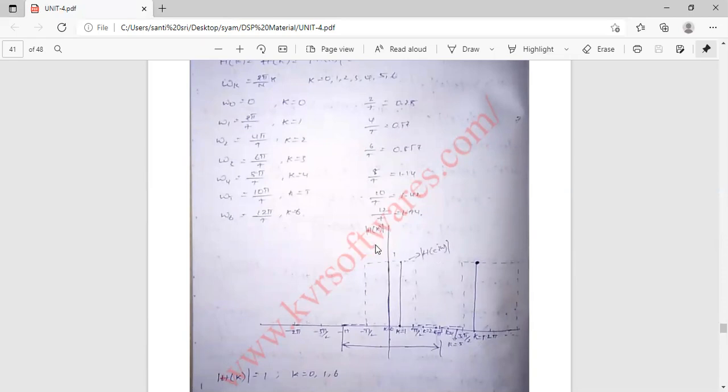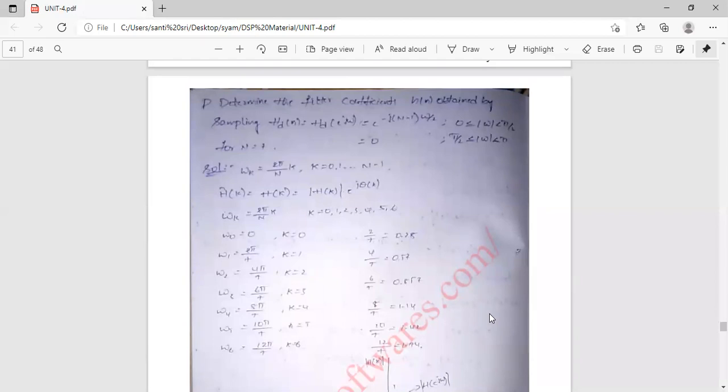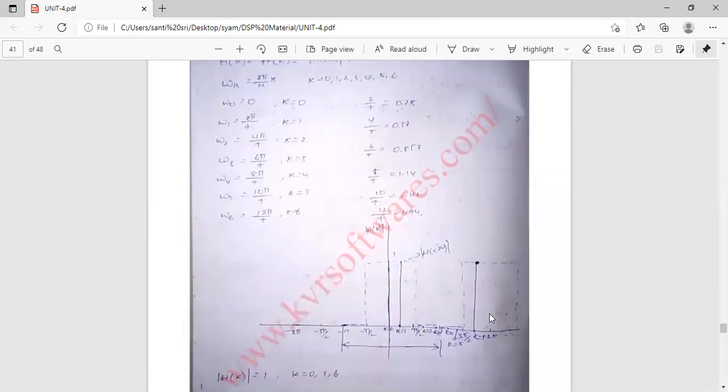So mod h of k versus k. Here mod h of k is e power minus j into n minus 1 into omega by 2. Okay, h of e power j omega, if k equal to 1, then it is 2 pi by 7.